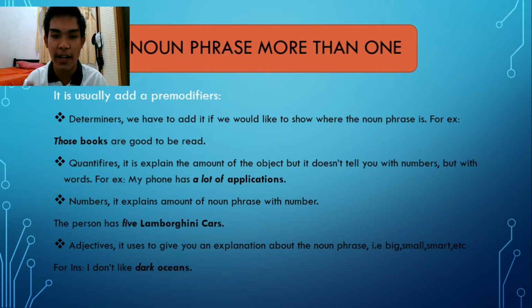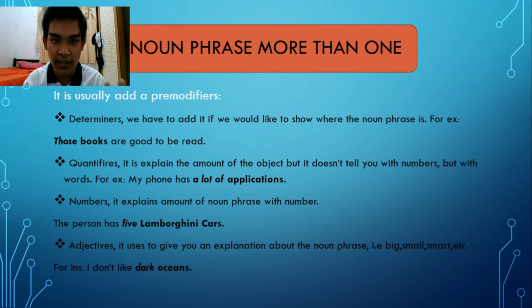Those is the determiners. And then the second is quantifiers. It explains the amount of the object, but it doesn't tell you with numbers, but with words, such as, for example, my phone has a lot of applications. A lot of is the quantifiers.